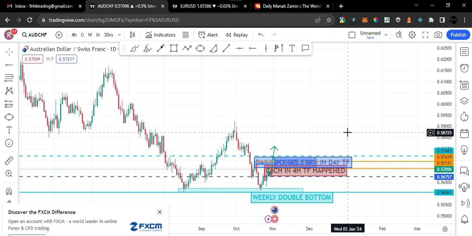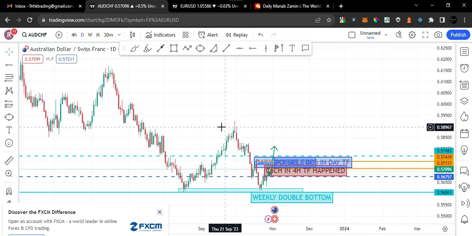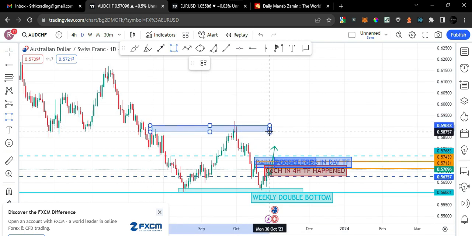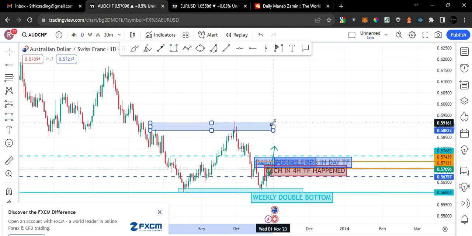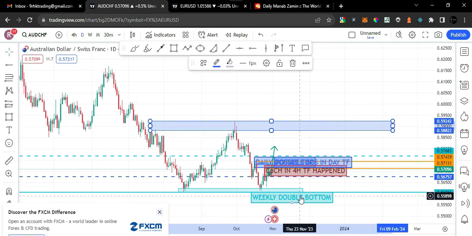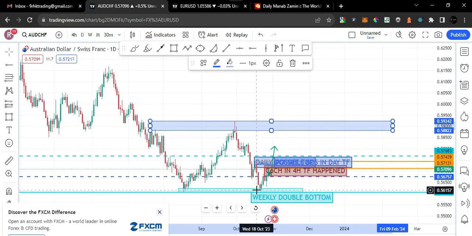So you can say in day there is a double top here. Let's put it in day back again. This was the double top which has created this weekly double bottom from here to here. As this top is responsible for this low, same way this top is responsible for this low.